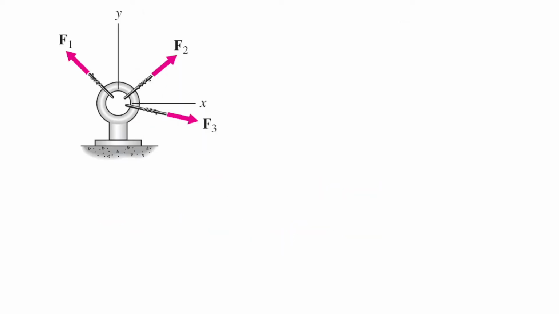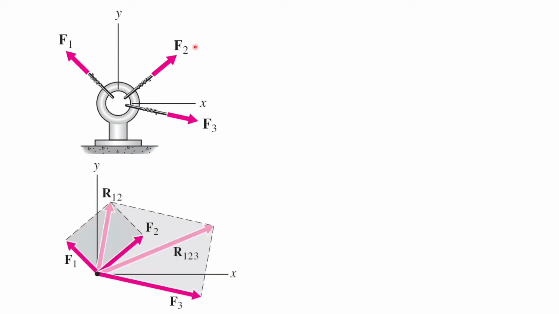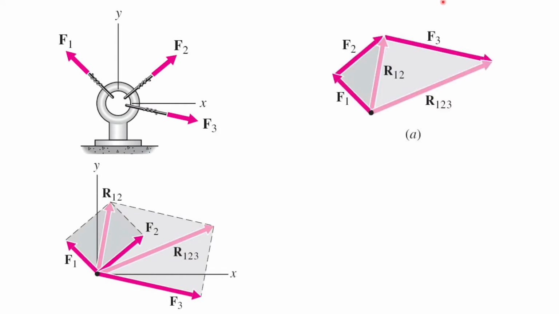There are problems where the polygon method is very useful in visualizing and calculating the resultant force of three forces. For example, in this system with three forces, F1, F2, and F3, the best way to analyze this is to redraw the forces into a coordinate system, and after that we can do the polygon method.